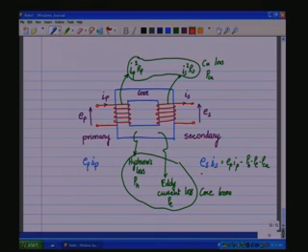So, keep this in mind, that in a practical transformer, the power output is going to be slightly lesser than the power input by an amount equal to the core losses and the copper loss. And the core loss is composed of two main components, the hysteresis loss and the eddy current loss. Now, let us see what these losses are.